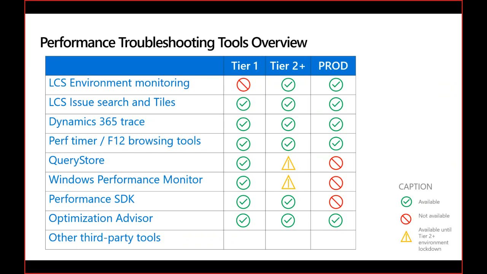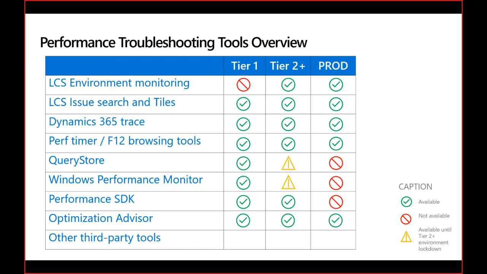Windows Performance Monitoring is not part of this Tech Talk because it's just a standard Windows Performance Monitoring tool everybody should be familiar with. The Performance SDK will be part of a separate Tech Talk session, which we plan for the end of January timeframe, 2019, so we will not go deeper into this tool in this session. At the end of the presentation, I will still highlight the Optimization Advisor tool.